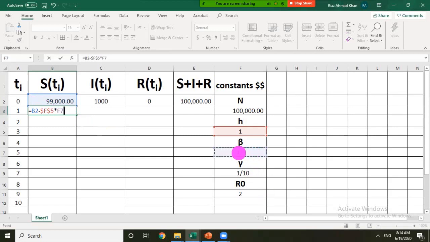Now multiply beta and again dollar signs, asterisk, H multiplied by beta multiplied by S of 0 multiplied by I of 0 whole divided by N. And for N again use dollar sign.